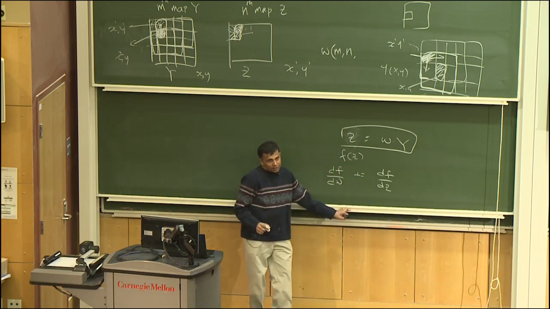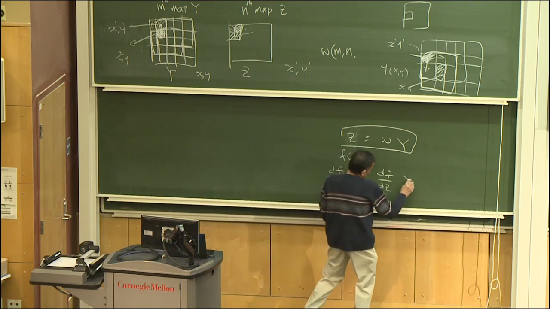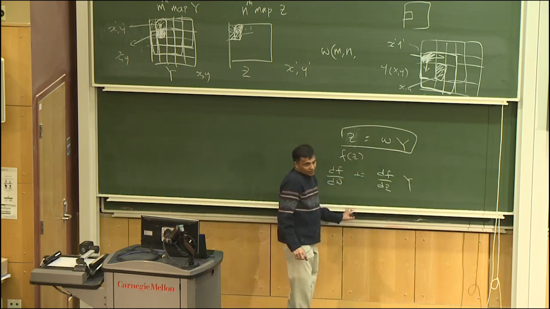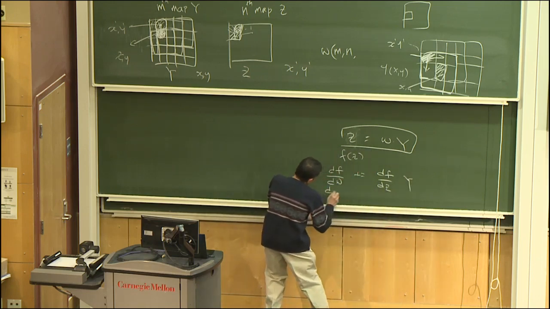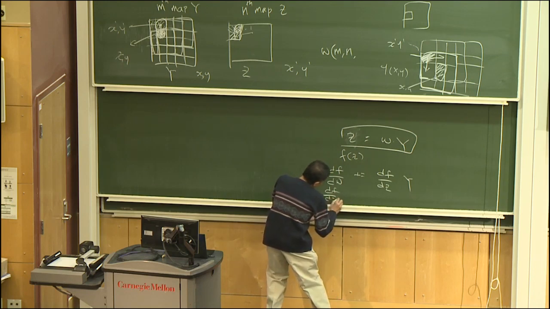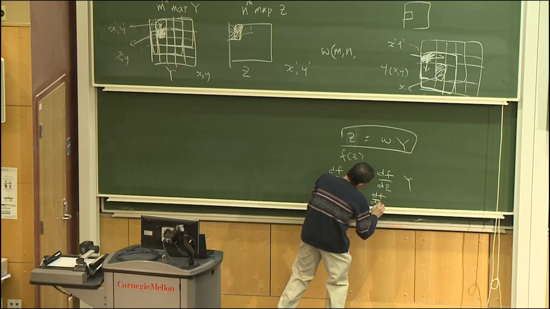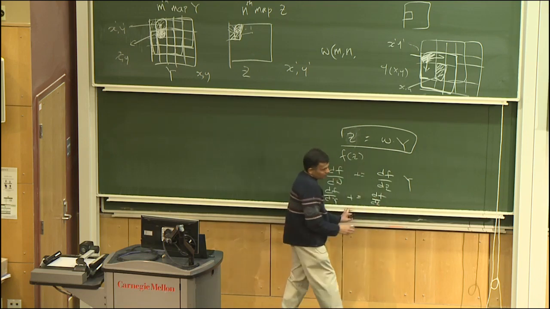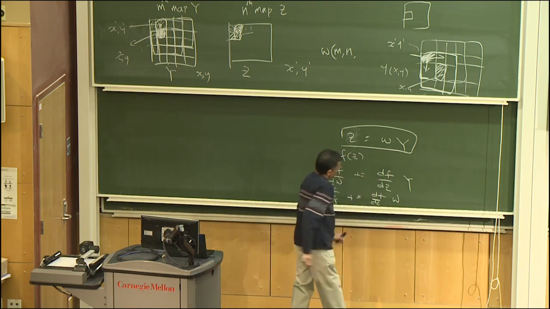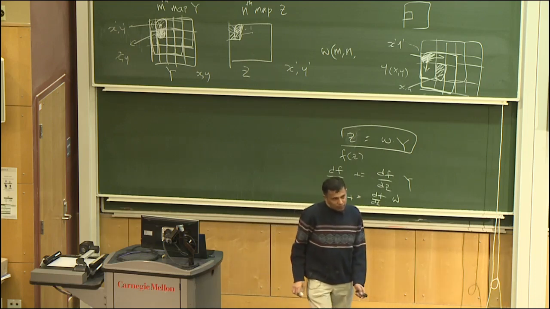Just y, right? I just have to write that. So also the derivative of f with respect to y plus equals df over dz times w, right? So look at that before it slides up.